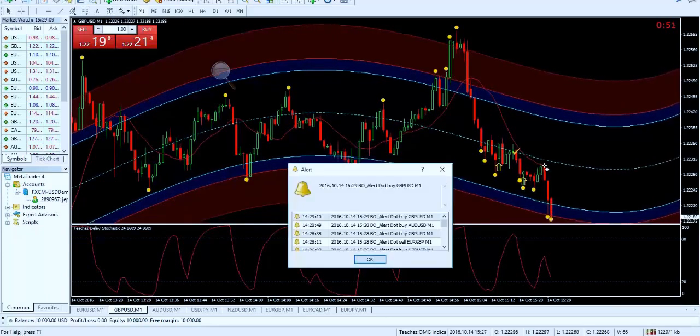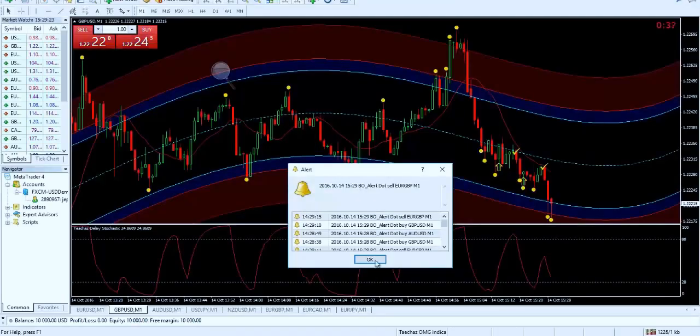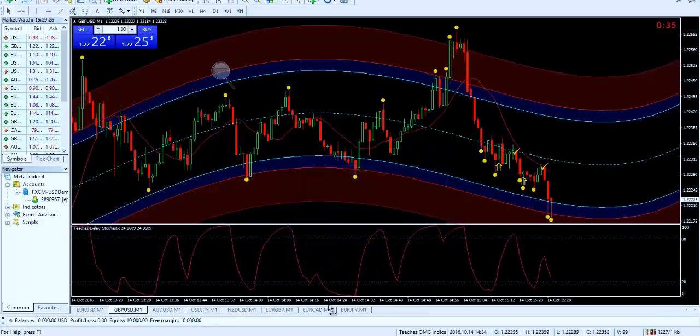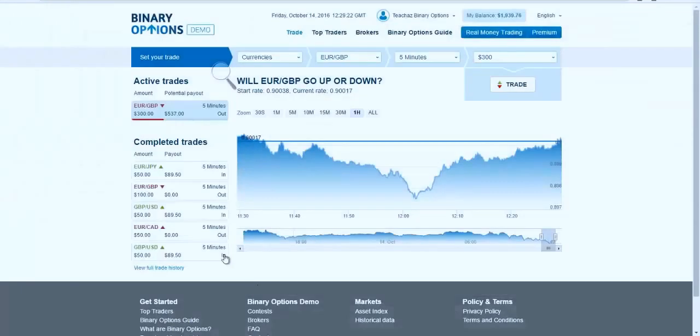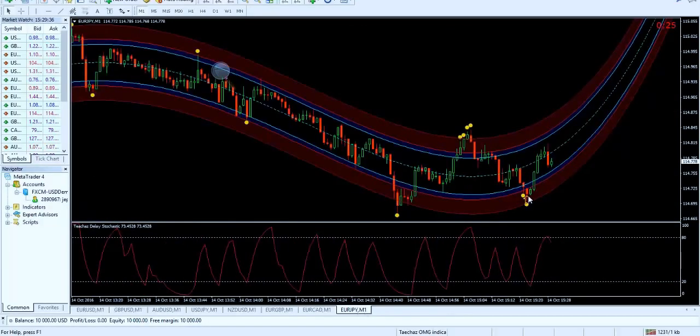Because if you check here, let's see. Okay, it's this one here, the first one. Euro GBP, let's see. And also another trade that we had was Euro GPY, which is this one here. You can see it was in the money all the way from the beginning, which is 1, 2, 3, 4, 5.